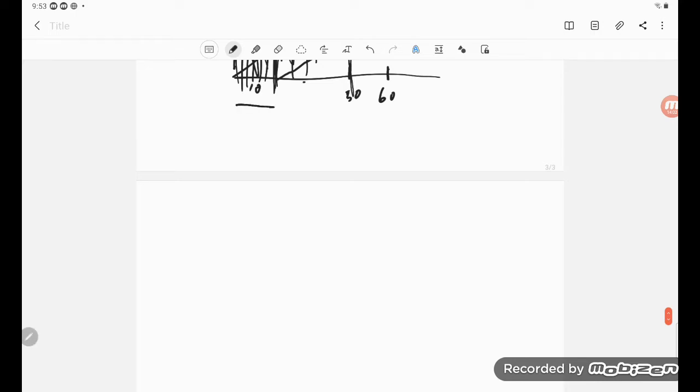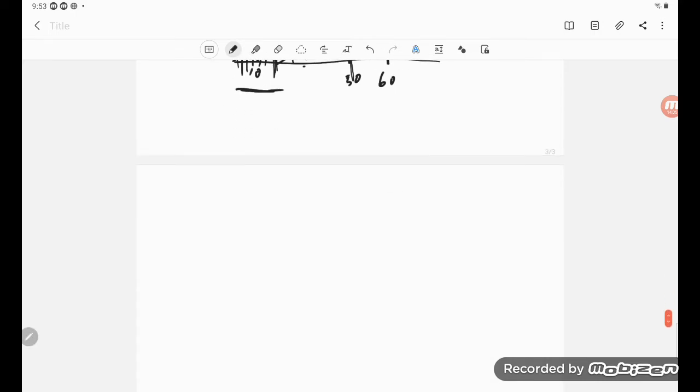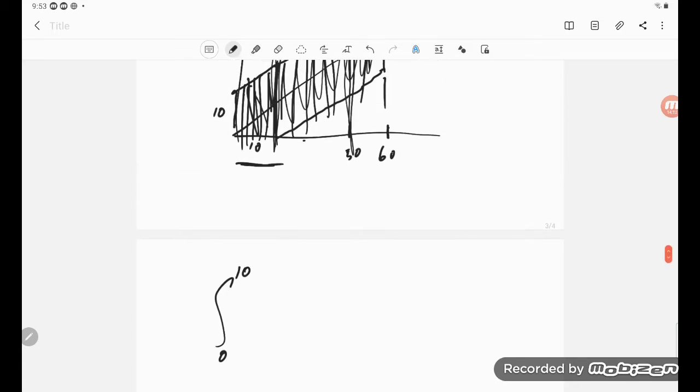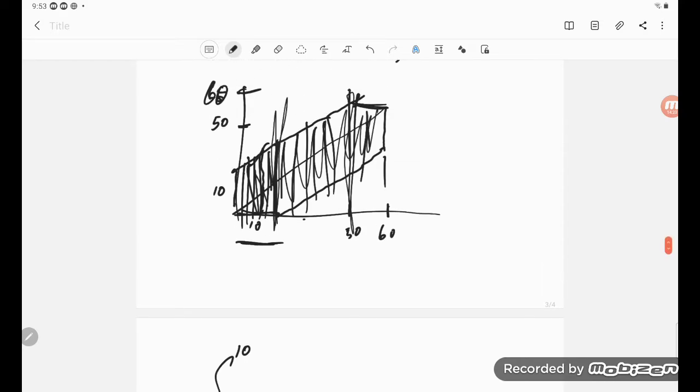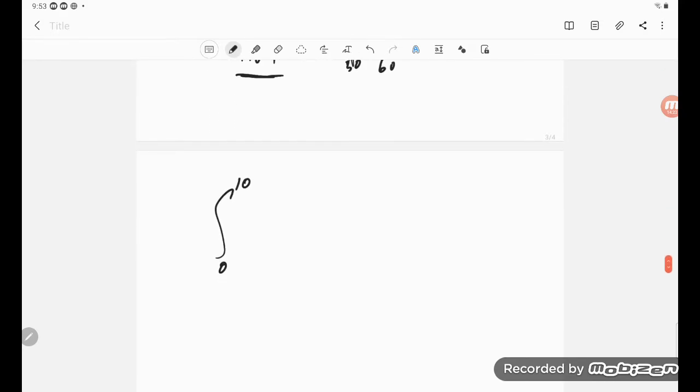So first we would like x to go from 0 to 10. And when we're in here, what does y do? It goes from 0 up to this line, which is the y equal x plus 10 line.